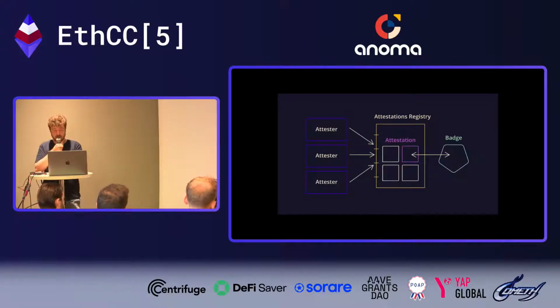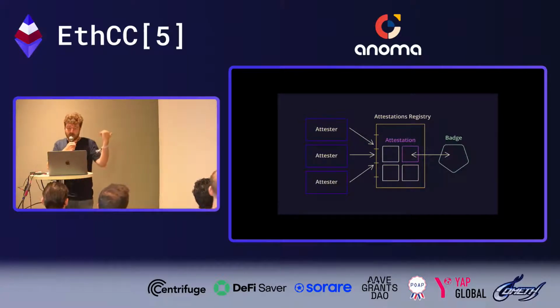So if we come back to the attestations registry and our different smart contracts, we saw the left part, the attesters: how the attesters verify a proof and how they write the attestation on the attestation registry. And now we will see how the badge is made on top of the attestations registry.